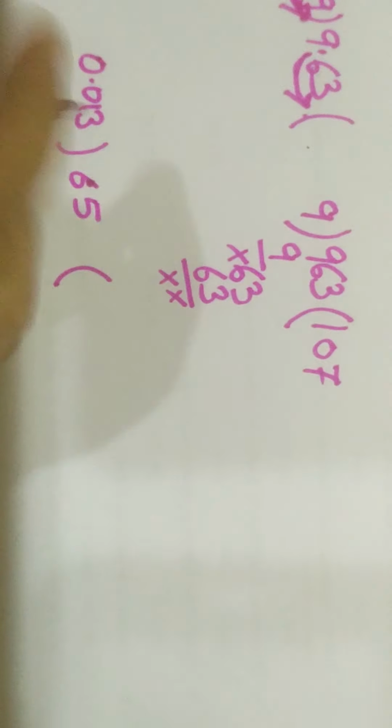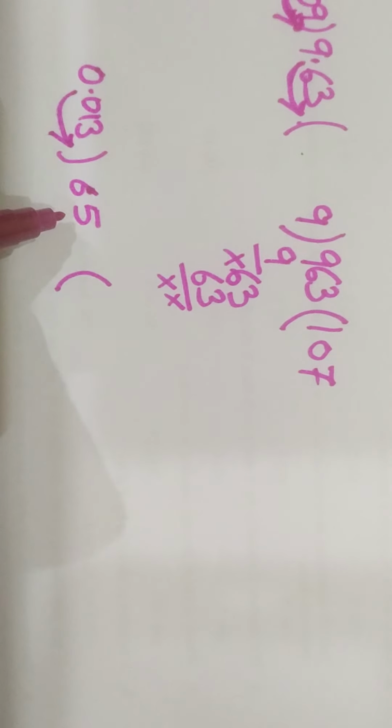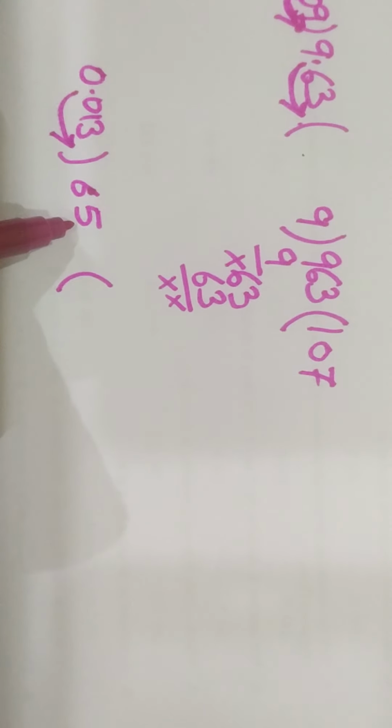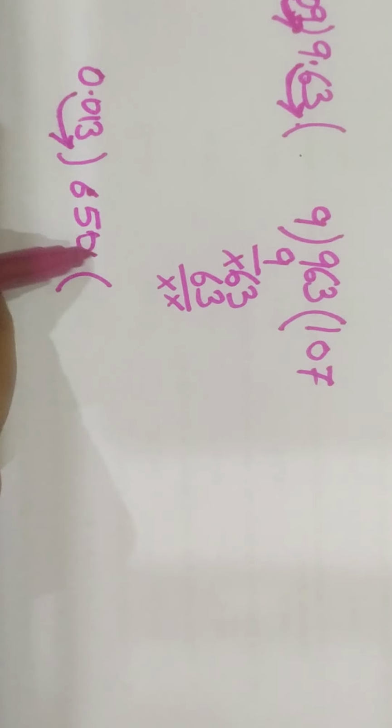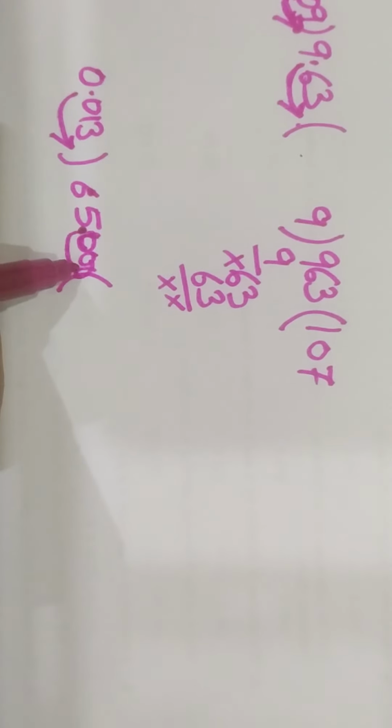How? That is the second rule, sliding the decimal to the right. So what do we do here? We shift the decimal 3 places here. But here there are no decimals. So we put 3 zeros here. Why? Because there is no decimal, it means the decimal is here after the number and we slide it 3 places.